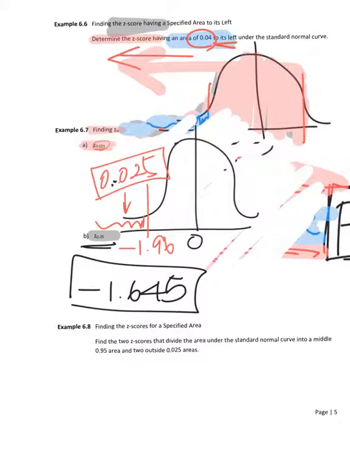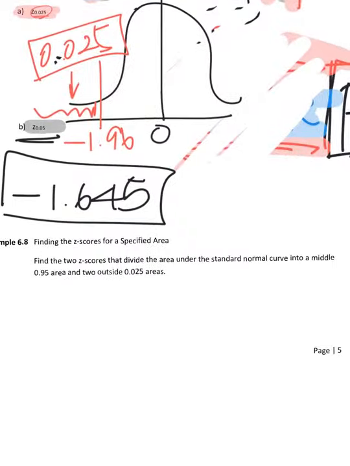Let me finish the last one. Here is a probability 0.95. Where? To the left, to the right? Where is the probability 0.95? Please read it. In the middle. What does it mean?